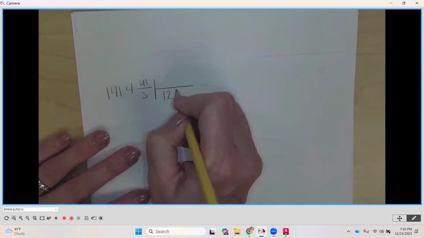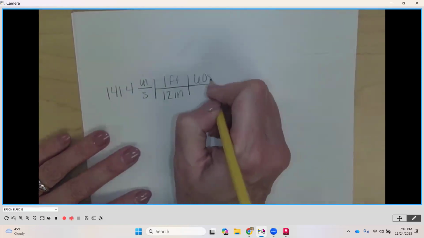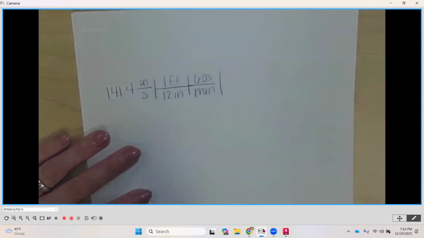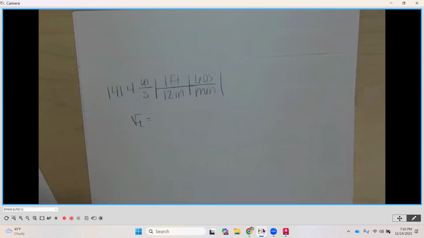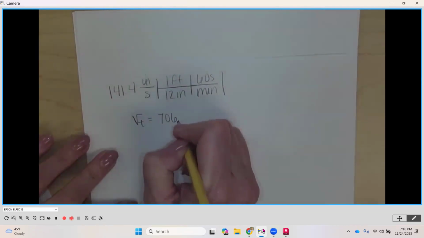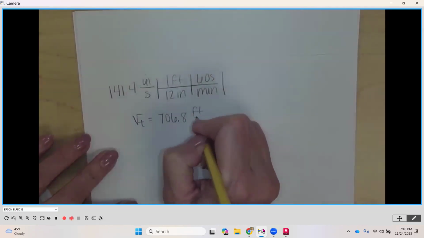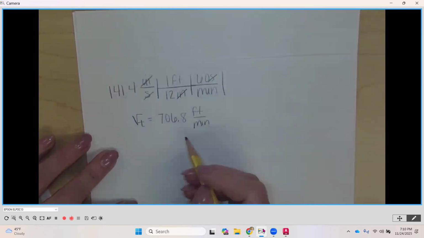So there are 12 inches in 1 foot, and there are 60 seconds in 1 minute. So my V sub T is 706.8 feet per minute. Inches cancel, seconds cancel.